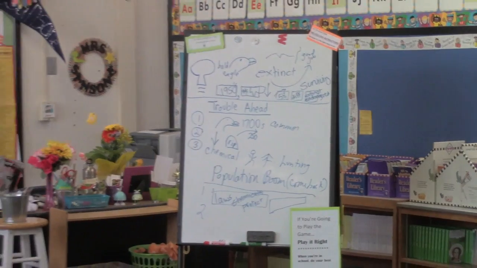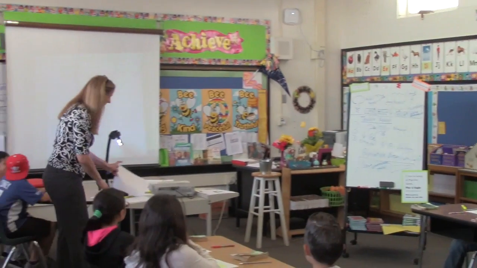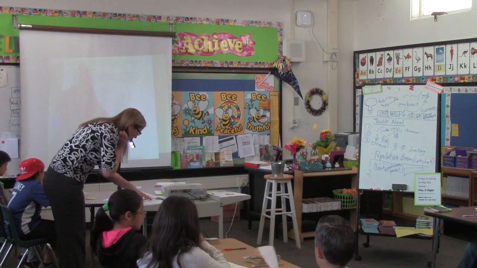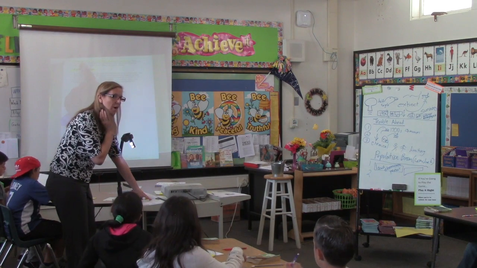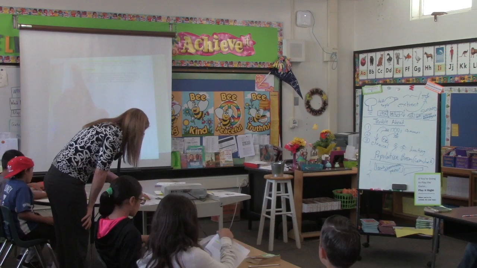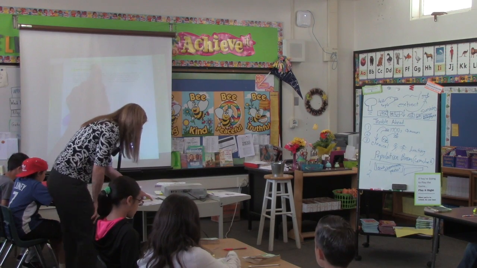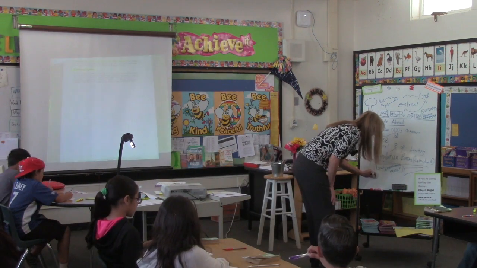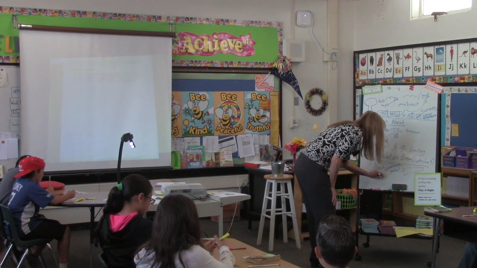Let's read the next one. So we know laws were made. Let's find out what else. Ready? Conservation. Oh, what happens when they add the comma after a highlighted word? They're going to give a definition. Ready? Conservation, or protection. I'm going to put the word conservation here. What does that mean? It means protection.